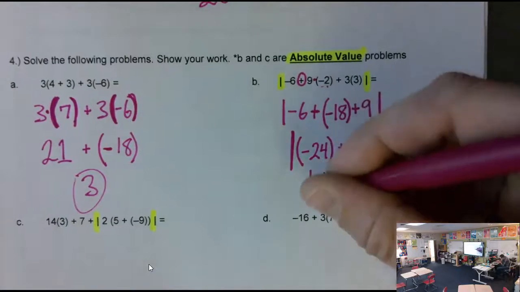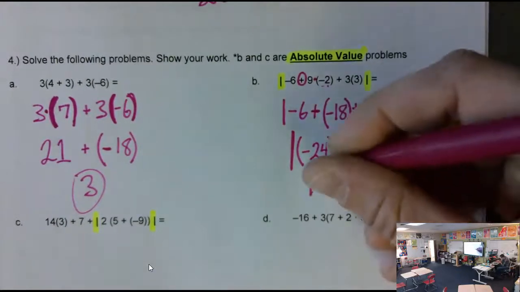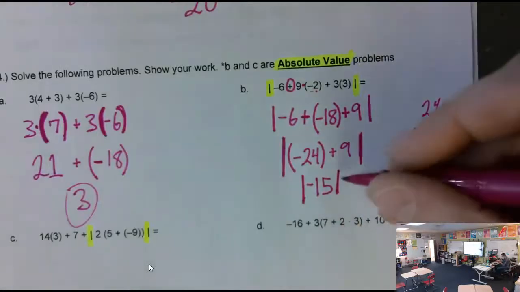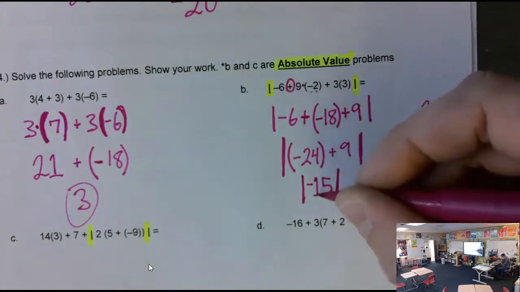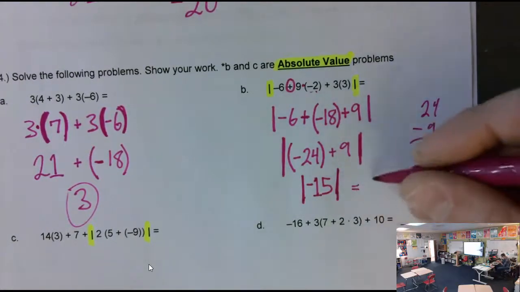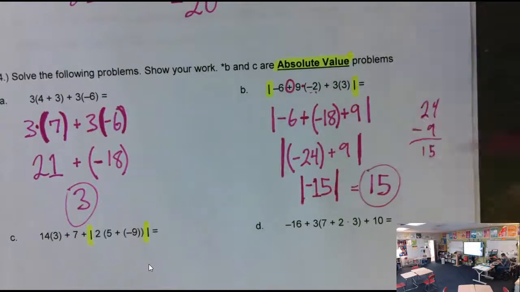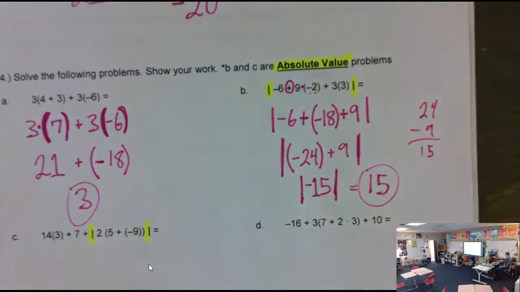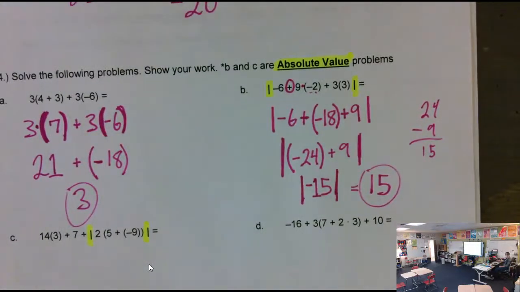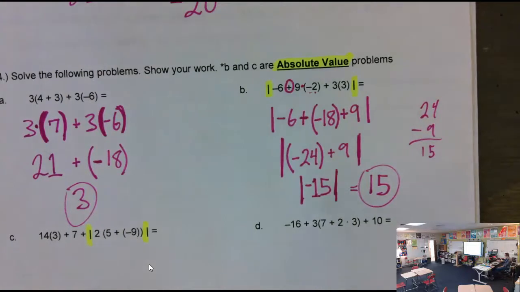So we get negative 15, but then absolute value does what? Makes it positive, and we actually get positive 15 thanks to that absolute value. Questions on that? It all came down to order. The order that we did things is what got some people there.